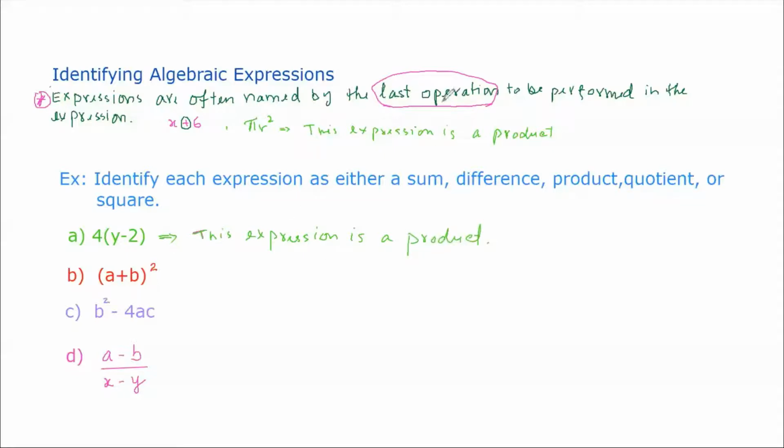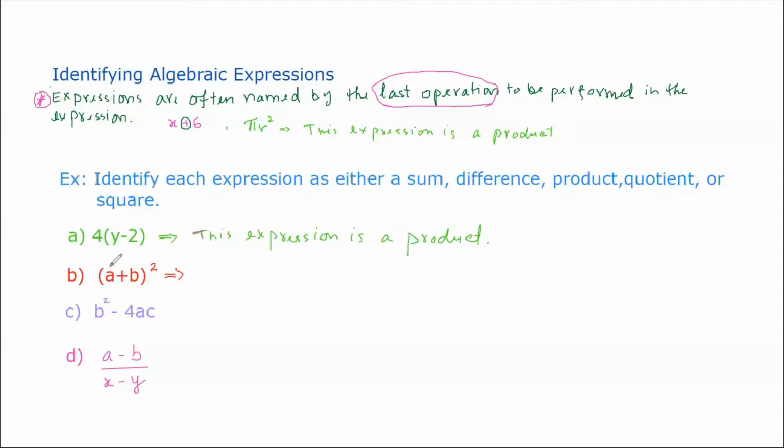Okay, the next question, B. We have a plus b, the whole thing to the power 2. So which one is the last operation of this expression?